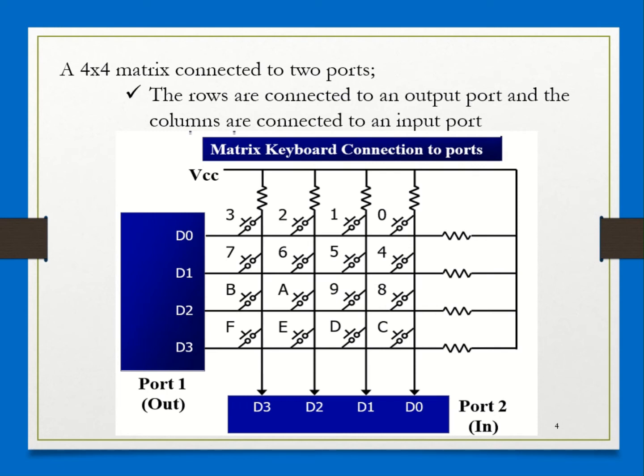So when you read that particular column from port 2, via these 4 lines, the column at which there was a key pressed will show you 0 value. Otherwise, if no key is pressed, then you will be getting all high values because all columns are connected to VCC.